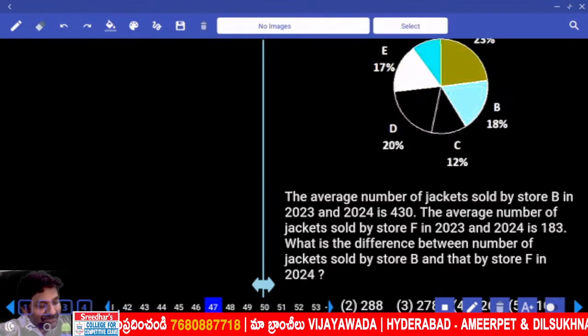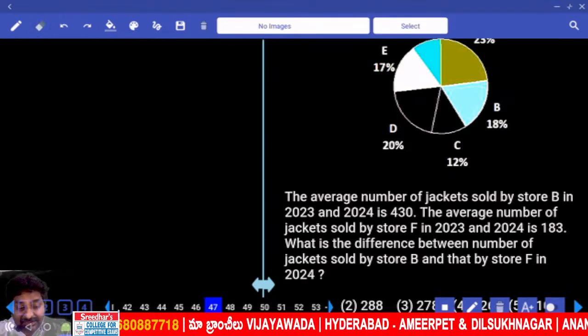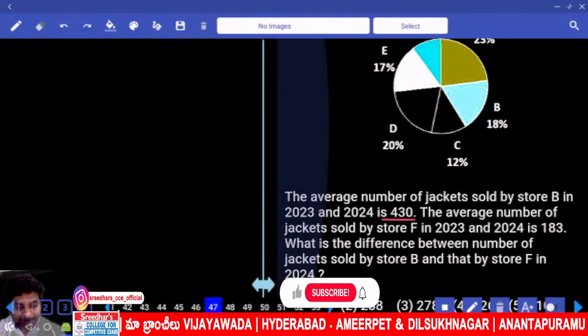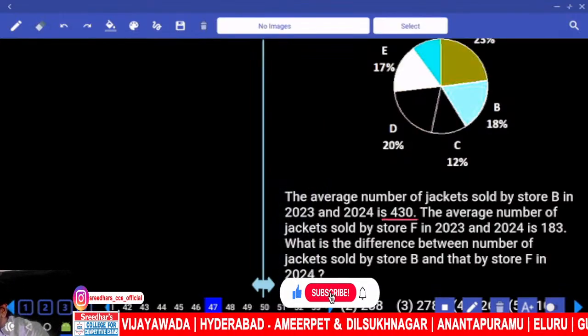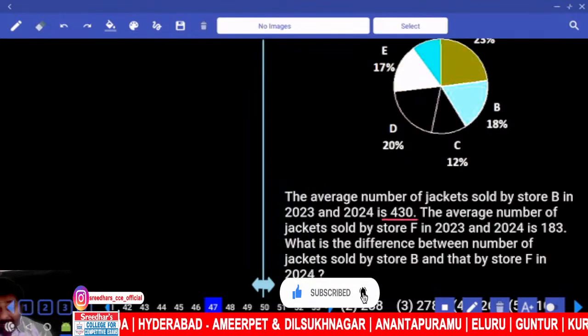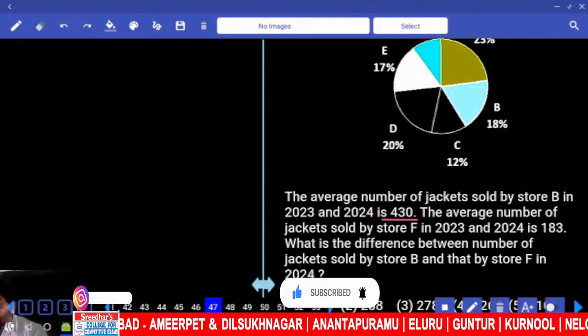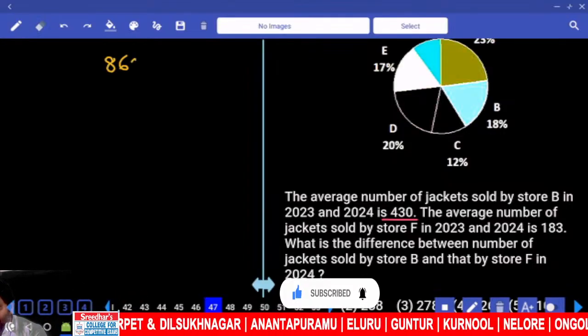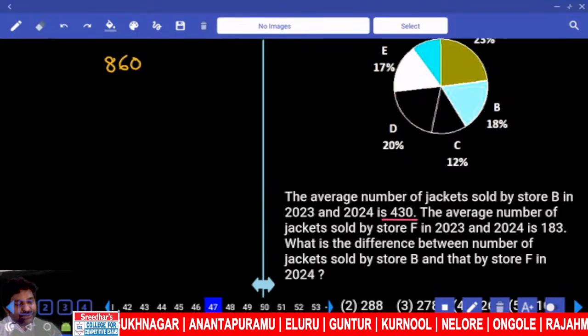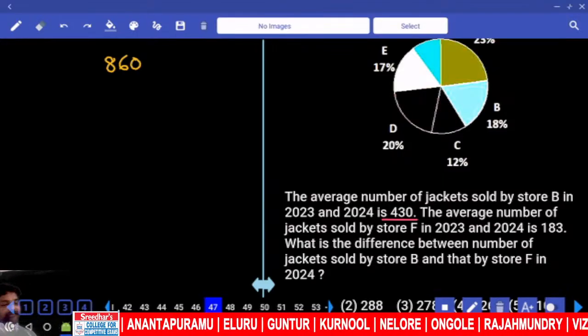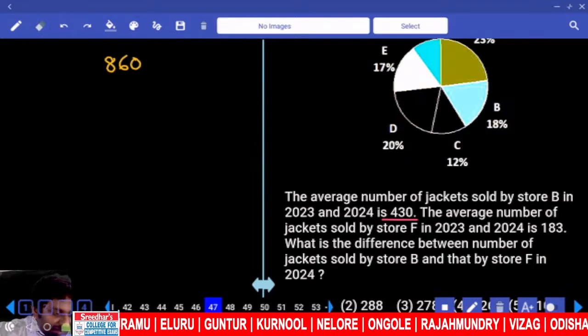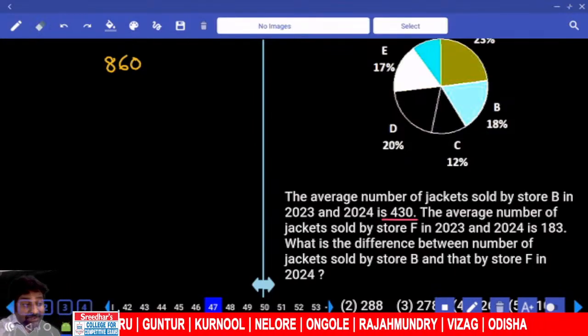The average number of jackets sold by store B in 2023 and 2024 is 430. Given data is for 2023. Average is 430. Then sum must be 860. Average number of jackets sold by F in 2023 and 2024 is 183.